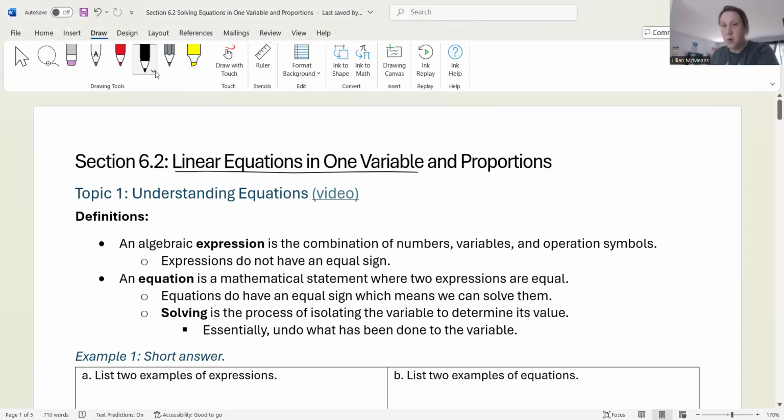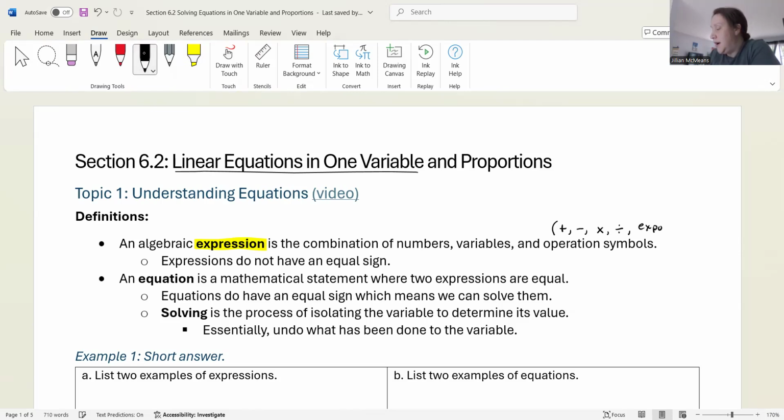Okay, so let's dig into some definitions. First, we're going to review the definition of an algebraic expression. An algebraic expression is the combination of numbers, variables, and operation symbols. Operation symbols are addition, subtraction, multiplication, division, and a lot of times we'll also use exponents.